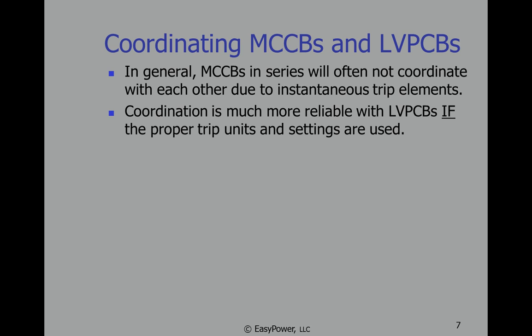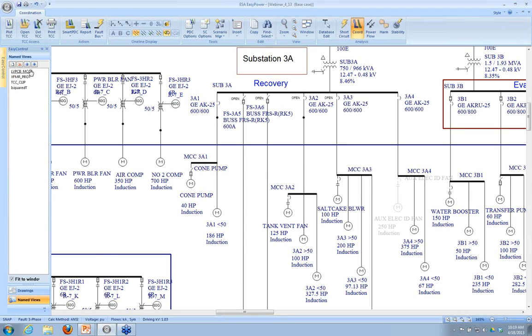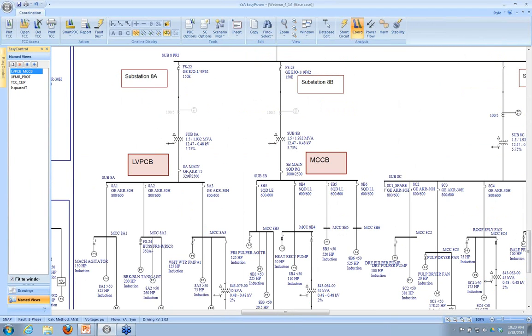So let's look at a couple of examples in EasyPower. So I'm going to have to jump over here, so bear with me. So here's just an EasyPower model. I kind of rigged the deck here a little bit, but I've got this substation here that is 1500 kVA, 480 volts, and it's equipped with low voltage power circuit breakers, GE AKR, and these have some kind of, I think, MicroVersaTrip units.